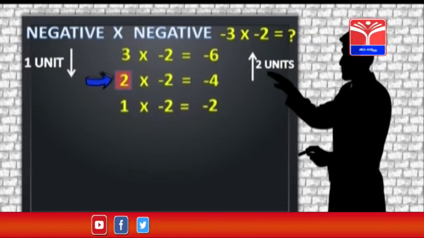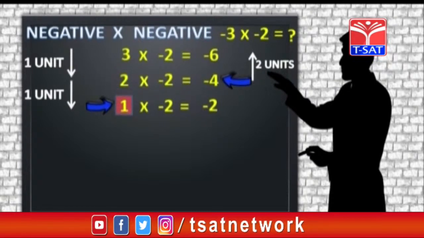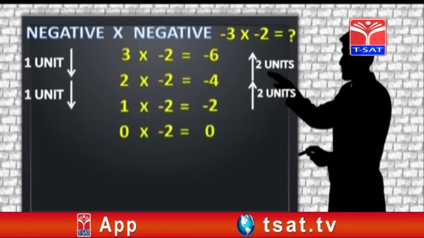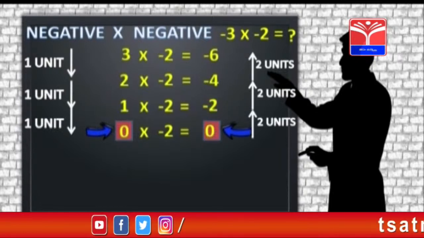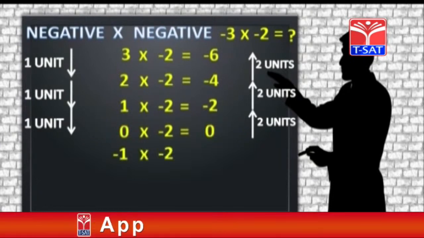Again on the left side the value decreased by 1 unit, and in the answer the value increased by 2 units. And continue the product, 0 times -2 is 0. Similarly the value decreased again by 1 unit on the left side, and on the right side the value again increased by 2 units.